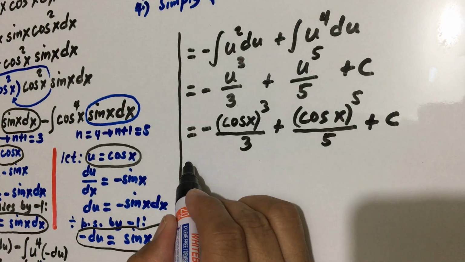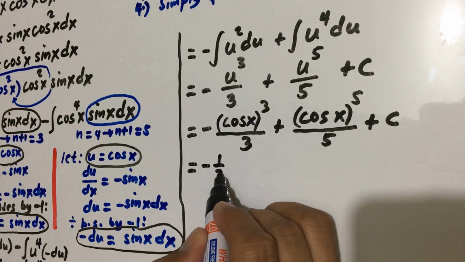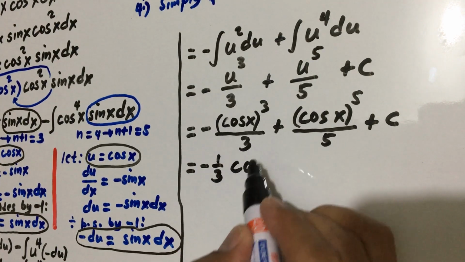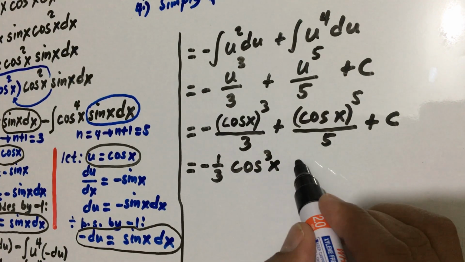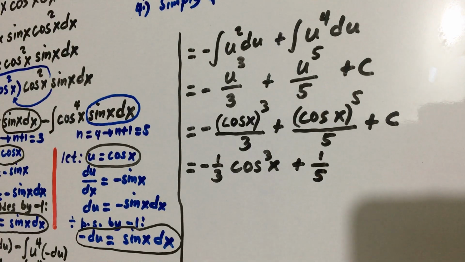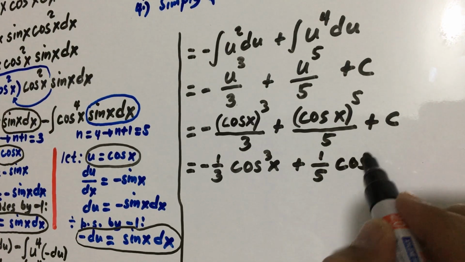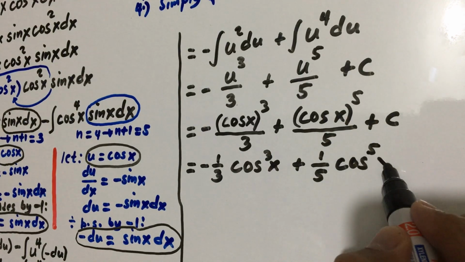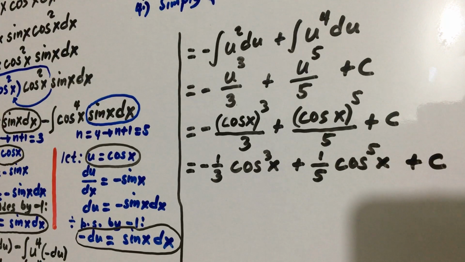Or we can rewrite this as minus 1/3 cosine cubed x plus 1/5 cosine to the 5th power x, then plus c. Okay, so this is our final answer. Or you can rearrange this, class.